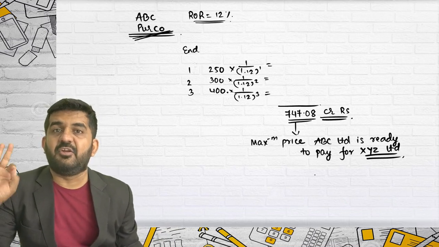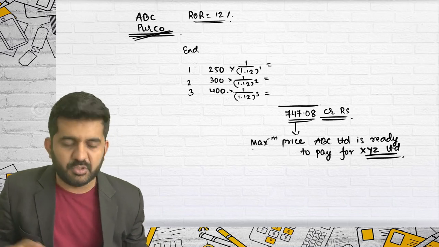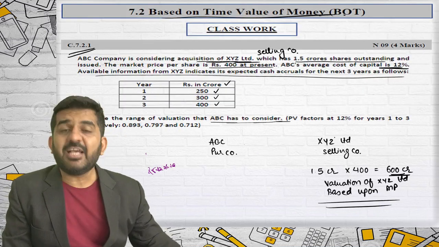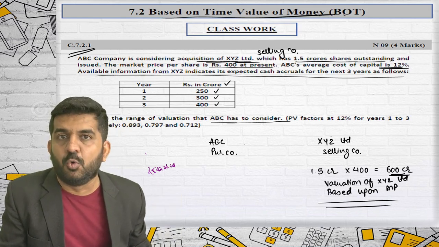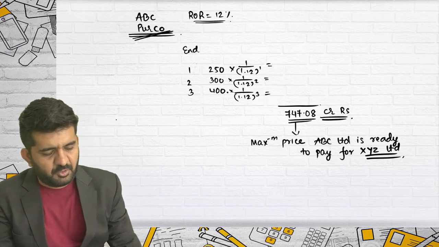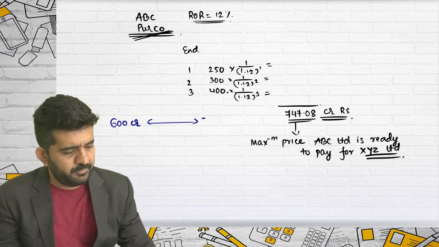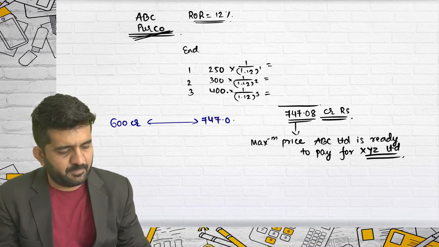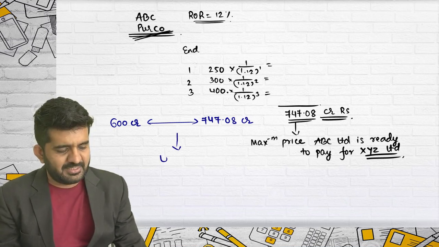ABC Limited will not pay more than 747.08 crores. XYZ Limited will not sell for less than 600 crore. Based upon negotiation, the price will be between 600 crores and 747.08 crores. What will this be?